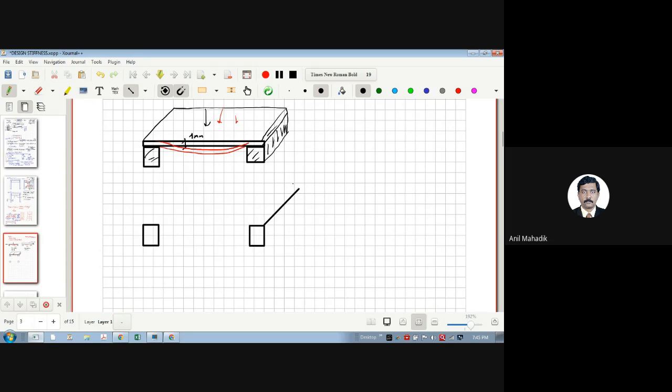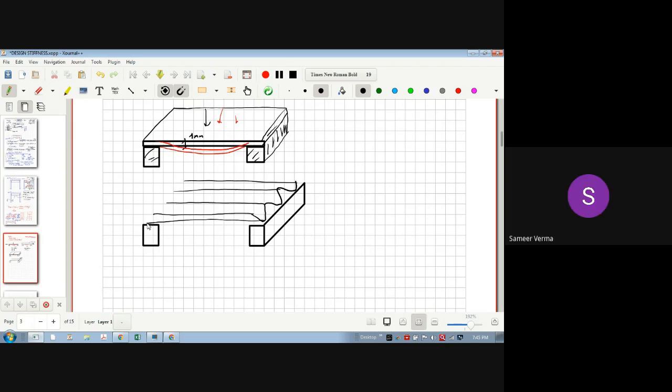So we generally don't have that kind of flat structures, but we have such kind of structures actually. Corrugated sheets, right? Now let me draw this. Have you seen the corrugation sheets in industries? Yes, sir.